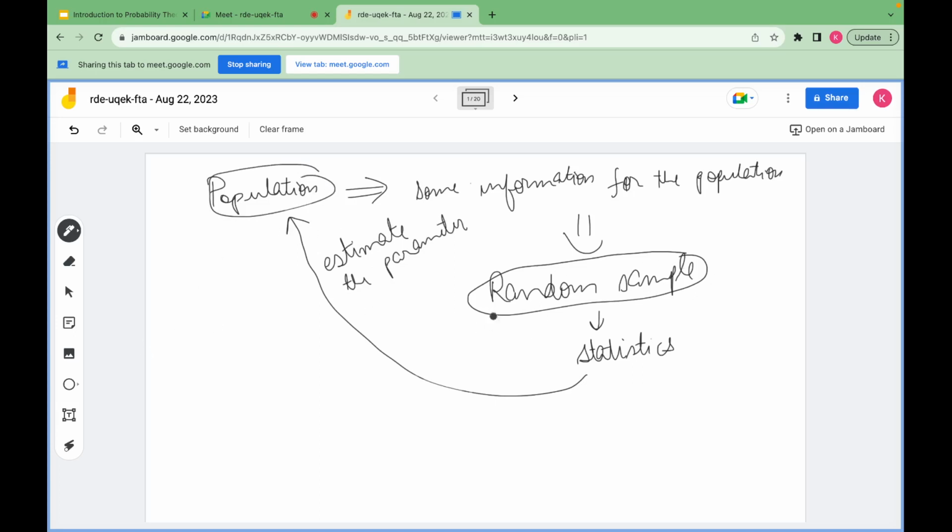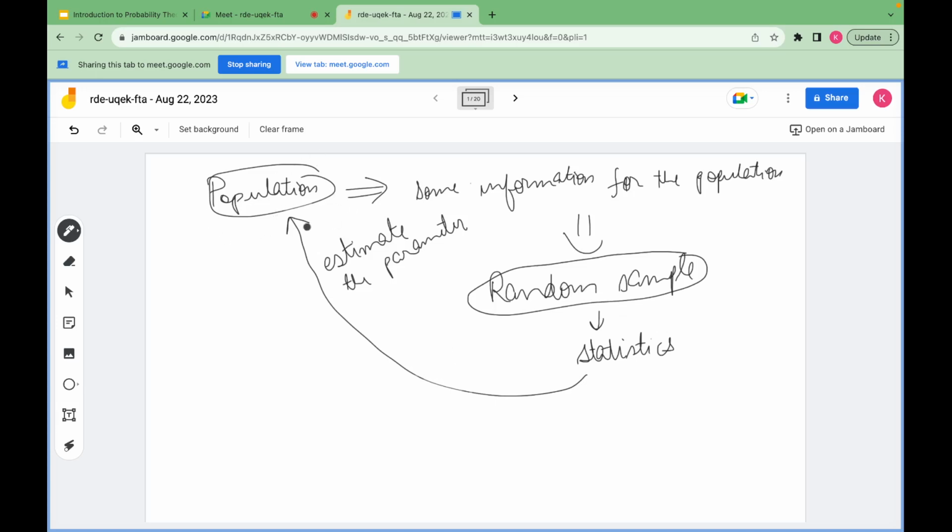We do some statistical analysis on the sample, and based on those statistics values, we estimate the parameters for the population.